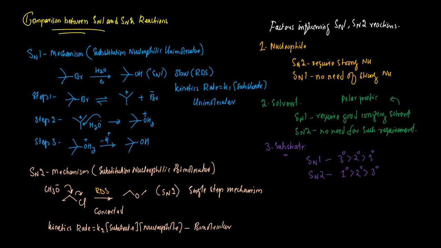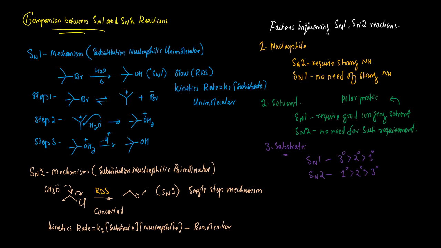So the order is reverse with respect to SN1 and SN2 when we consider the substrate. Usually a bulky substrate is required in SN1 reaction, and a sterically less hindered substrate is required in SN2 reaction.